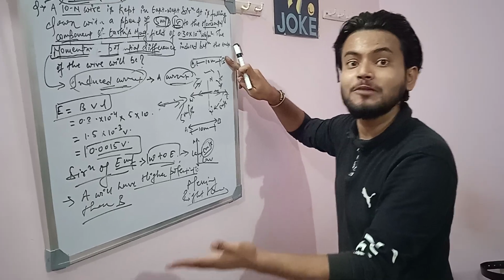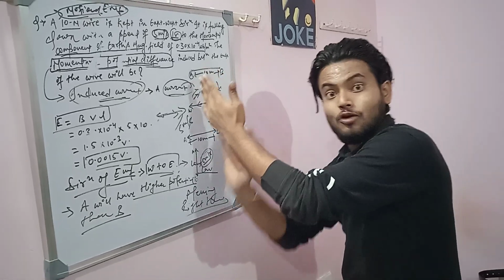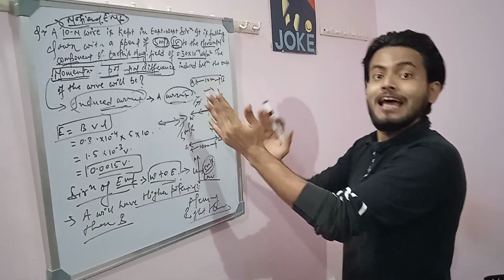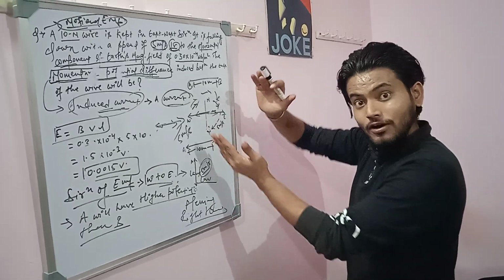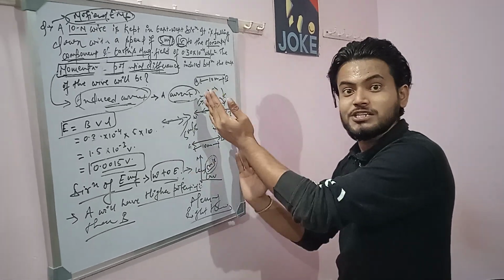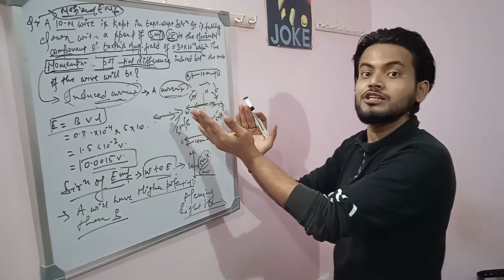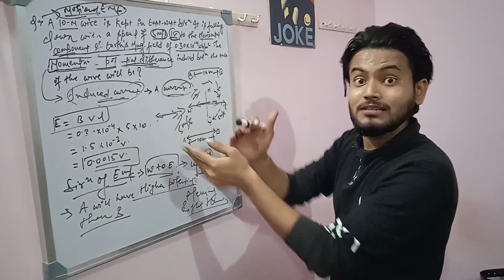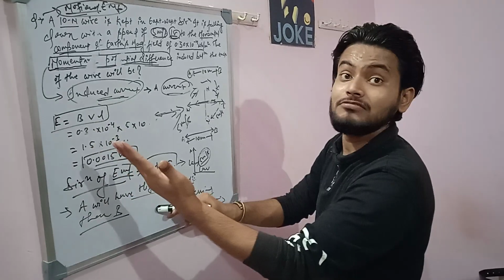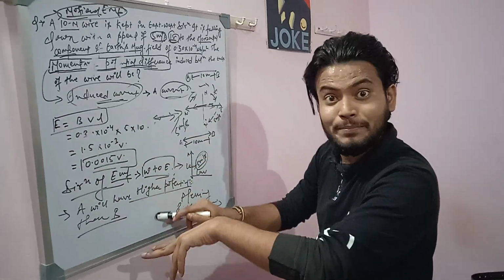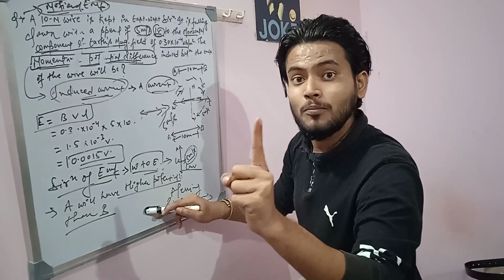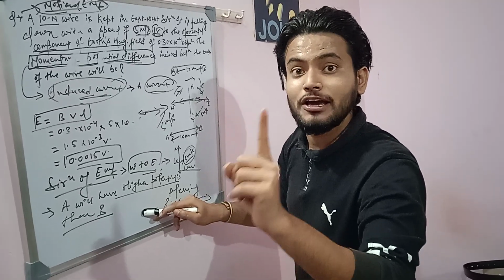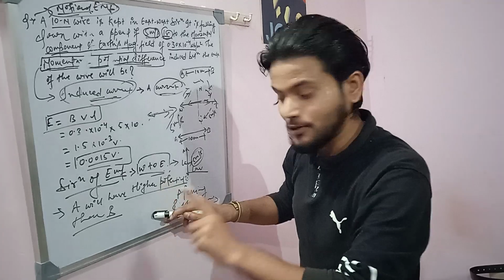Because the wire was in motion and was coming downward, from west to east direction. So the A end of the wire will always have higher potential than B.